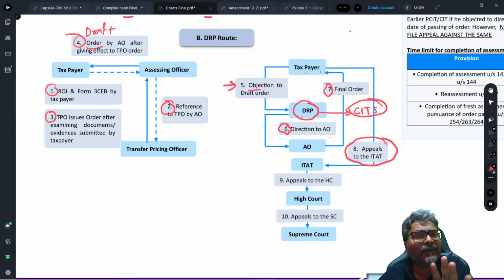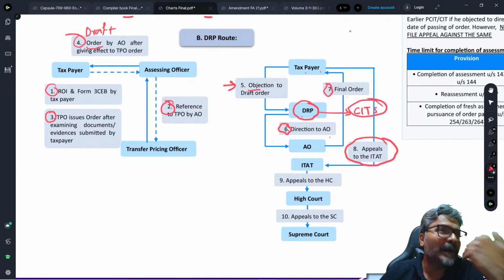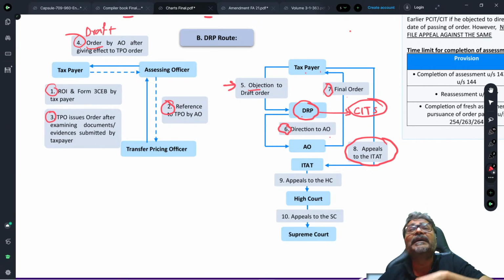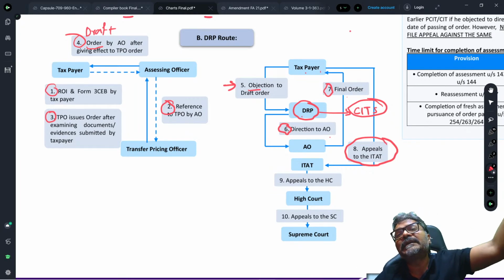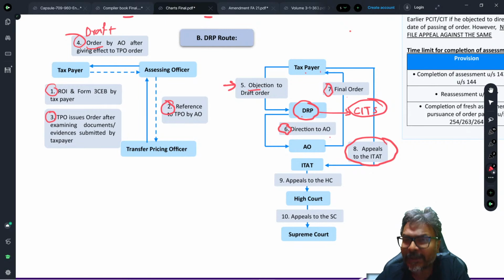So this is not like a normal hearing process wherein you are being called upon and then we ask you something and then you come back and then I ask you something again. All these things are not going to take place so far as the DRP is concerned. It is simply what is in the objection that you put up against the draft order. In that itself, you need to put up your detailed explanation. Based on that, the DRP will do its study and give the direction. This is the process.